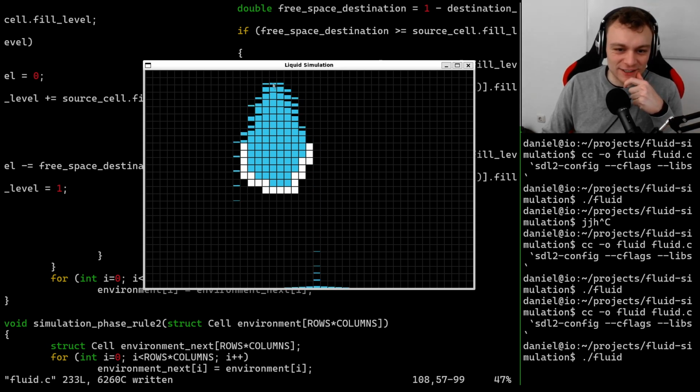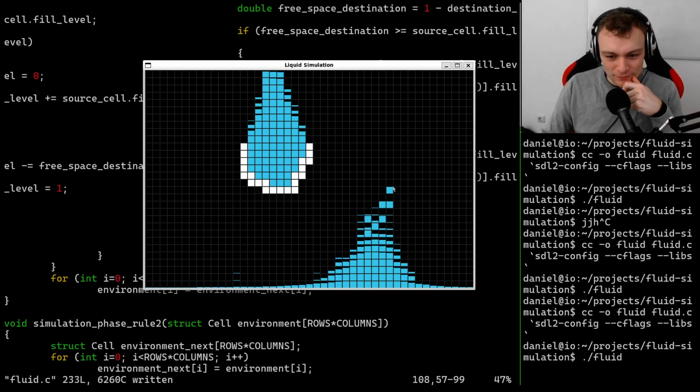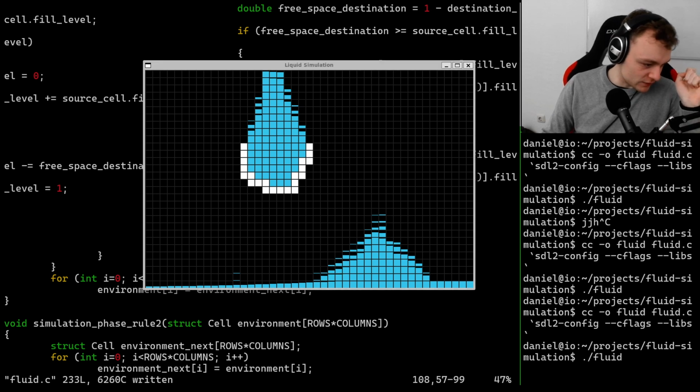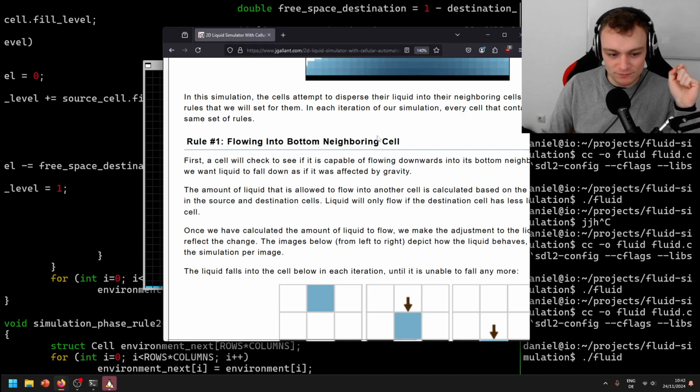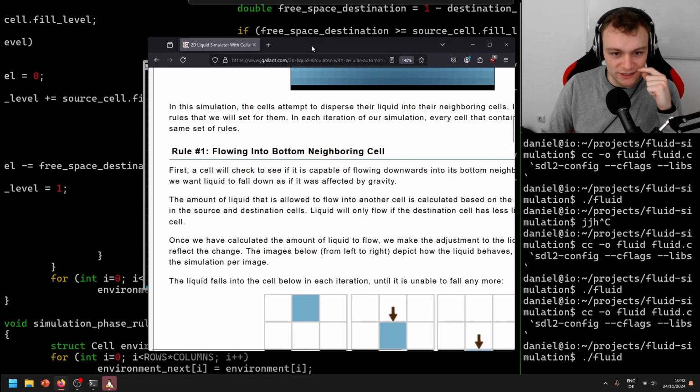So somehow the liquid is behaving more smoothly, but it's not really distributing well, and that is because of the rule that we have implemented, but of which I was not sure whether it makes sense.